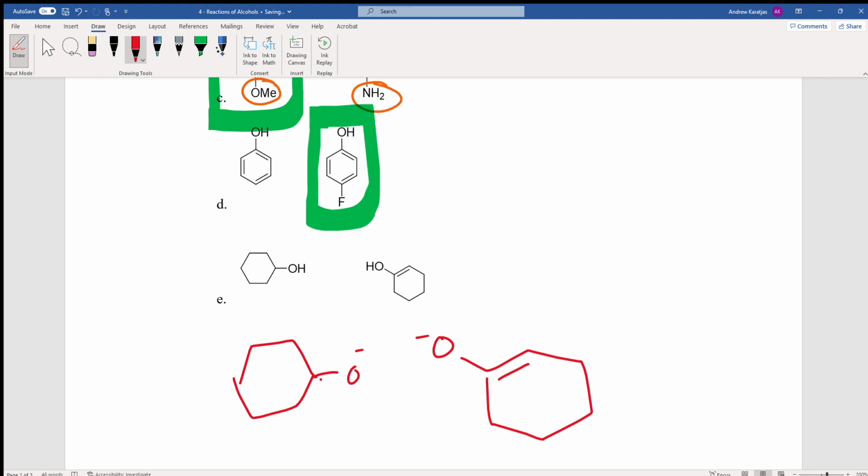Because this is resonance stabilized, that means it, as a conjugate base, is more stable. If the conjugate base is more stable, that means it comes from a stronger acid.